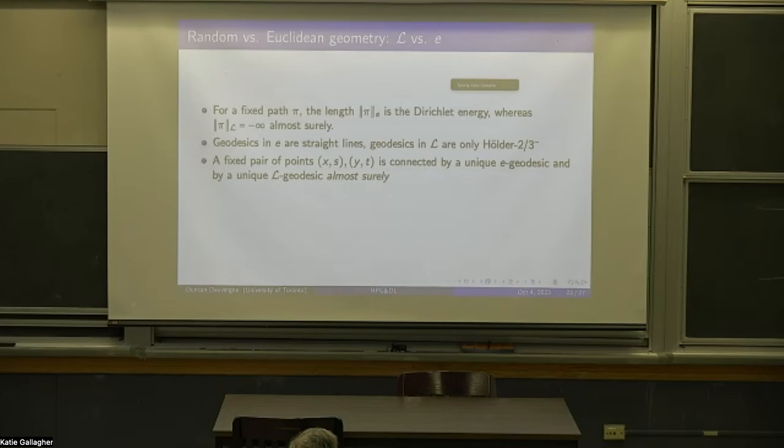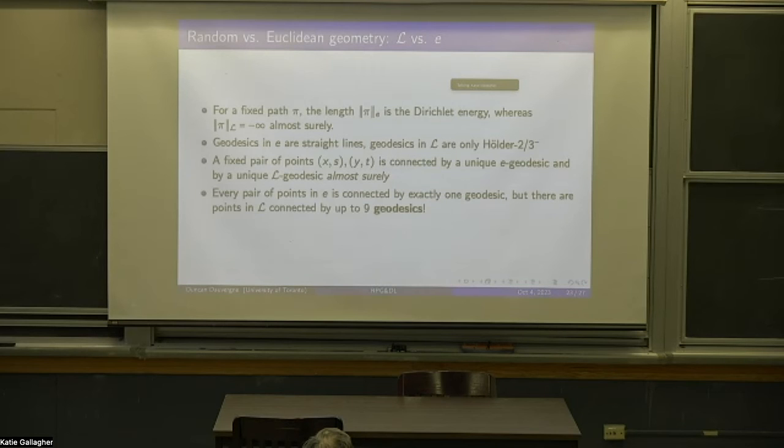In L, I also typically see a unique geodesic, but now it's rougher. One difference here is that in L, we first fix the points, and then we say the geodesic is unique. So you can ask whether you can move the almost surely in front of fixing the pair of points. This is non-trivial and an interesting question because there are uncountably many pairs.